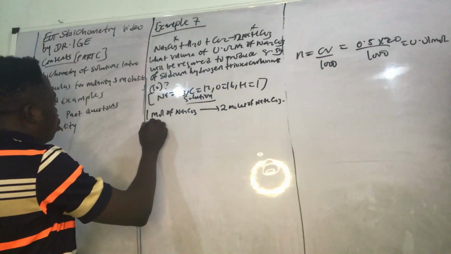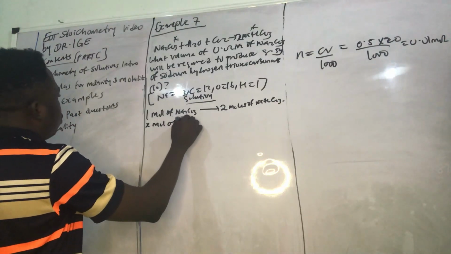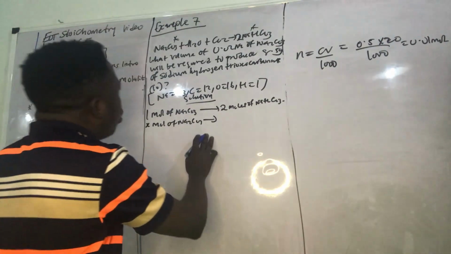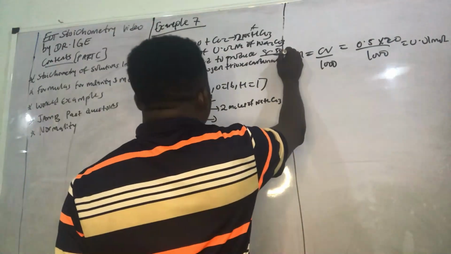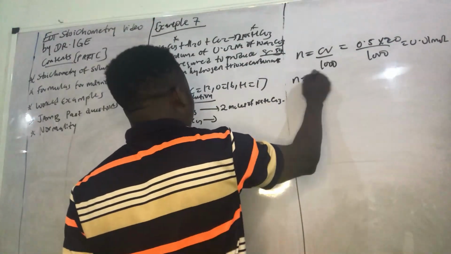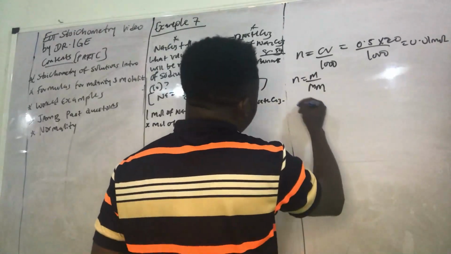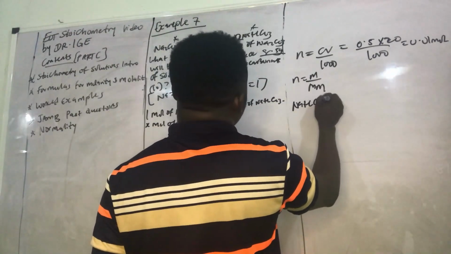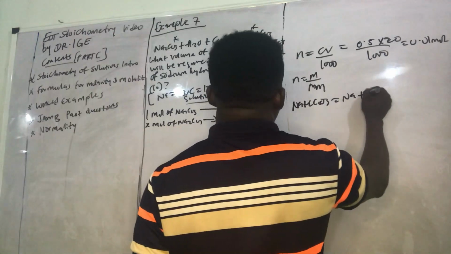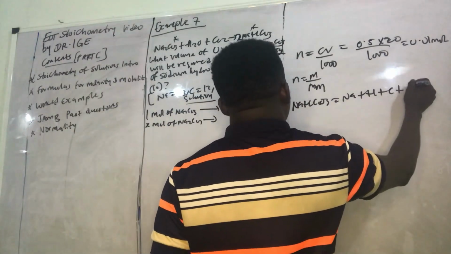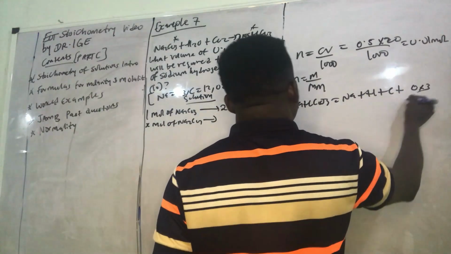Now, we are looking for this guy. So x mole of Na2CO3 will produce, from this value 8.5, and remember the number of moles is equal to mass over molar mass. So we have to calculate the molar mass of this guy. NaHCO3 is Na plus H plus C plus O times 3.